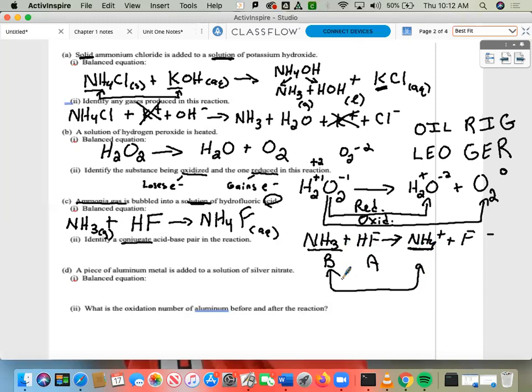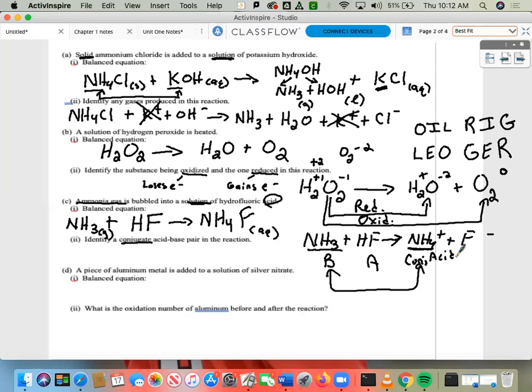They're very similar compounds. What's the only thing that happened to ammonia to make it NH4? It gained an extra H. When it has the NH3, it's a base, but when it gains an H, it becomes the conjugate acid. That's the acid. This is the conjugate acid-base pair.